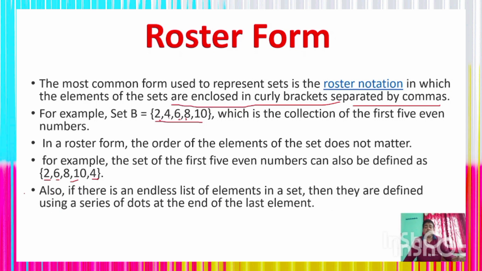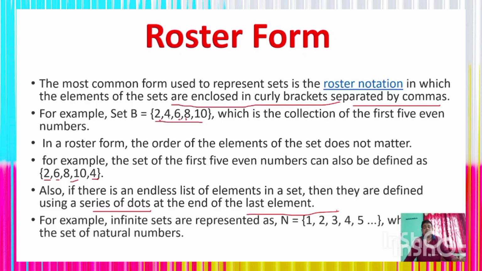Also, if there is an endless list of elements, so the set has an infinite number of elements, they are defined using a series of dots at the end of the last element. Look here. For example, the infinite set of natural numbers: you write 1, 2, 3, 4, 5, and dots are given at the end after the element 5.